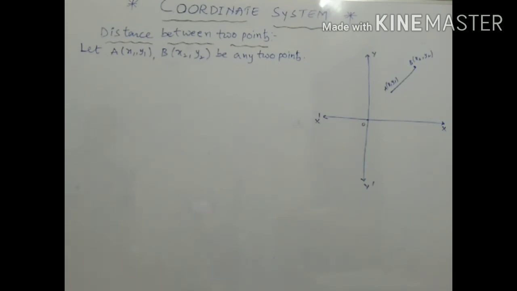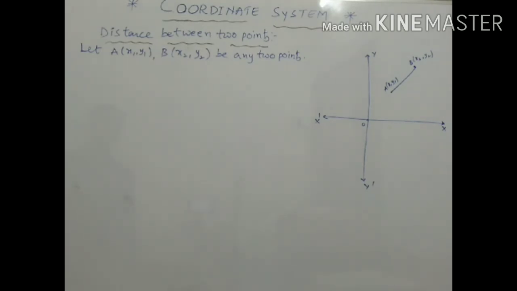Coming to the first concept, a very important one. When 2 points are given to us, capital A (x1, y1) and capital B (x2, y2), we will discuss how to find the distance between the given 2 points.